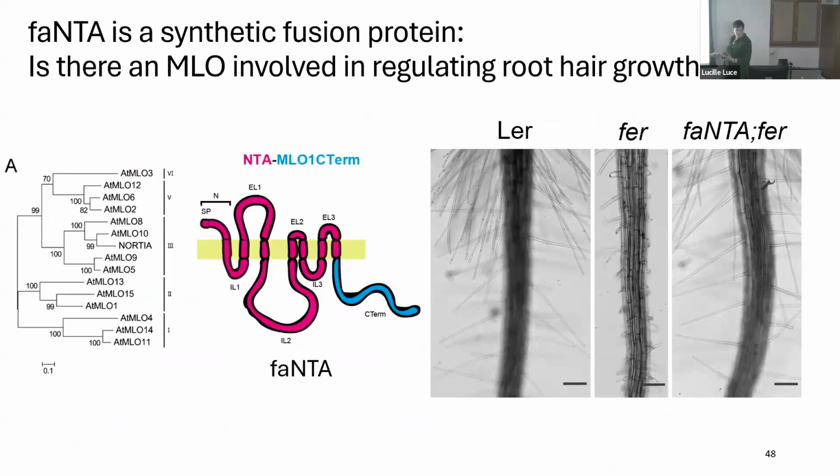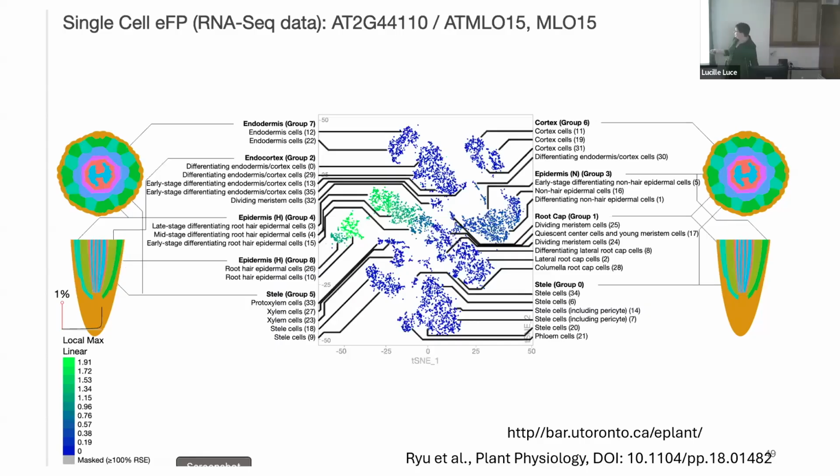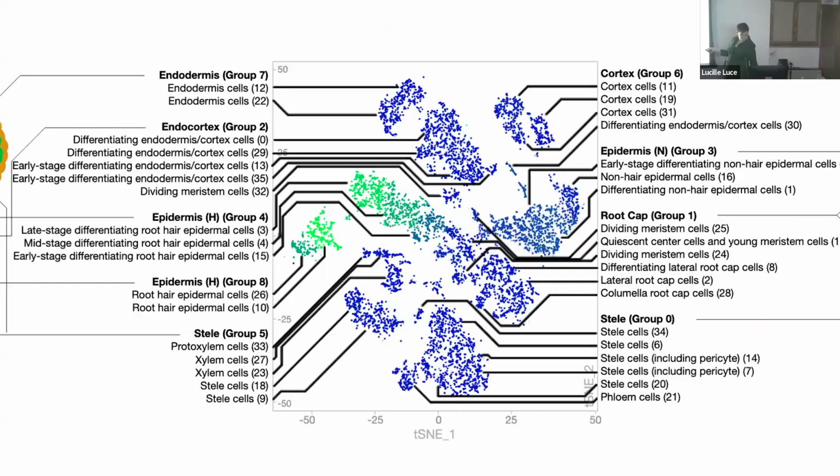So that's good, right? Maybe we're complementing Feronia root hair phenotypes by restoring the ability to do calcium oscillation. FA Nordia is a synthetic fusion protein. So we then ask the question, is there an MLO involved in regulating root hair growth? We looked at some publicly available single cell data, and we found that MLO15 is really specific to root hairs.